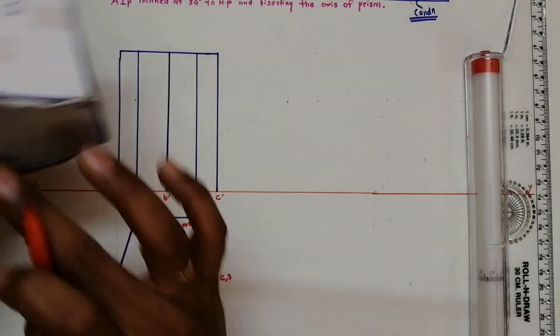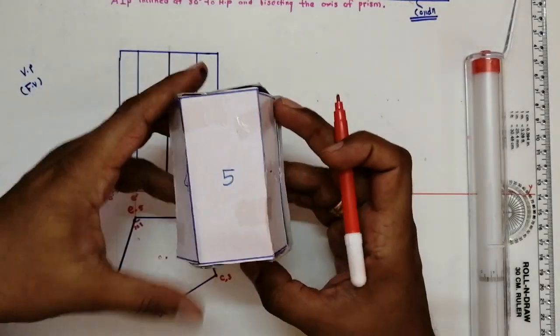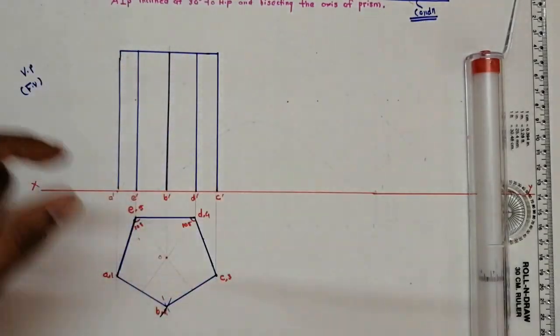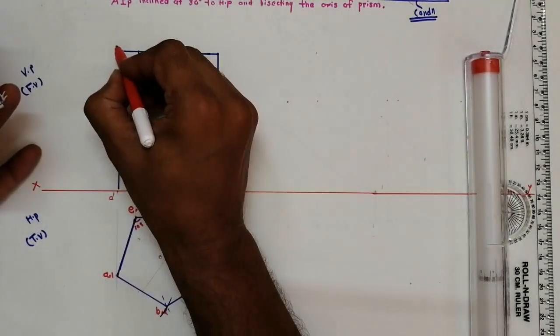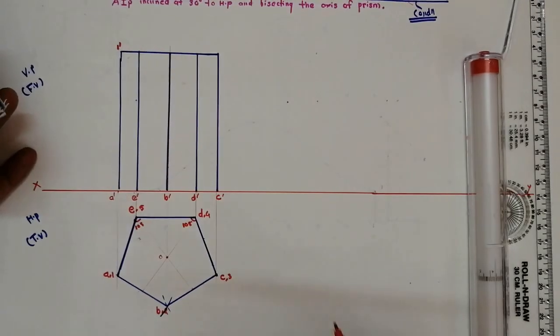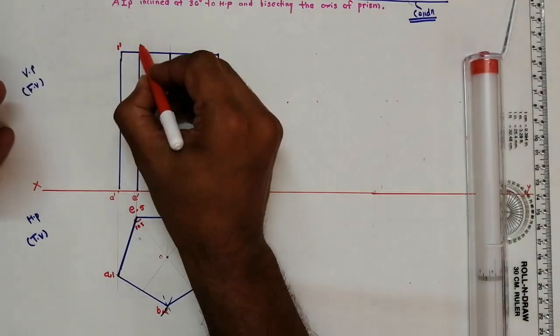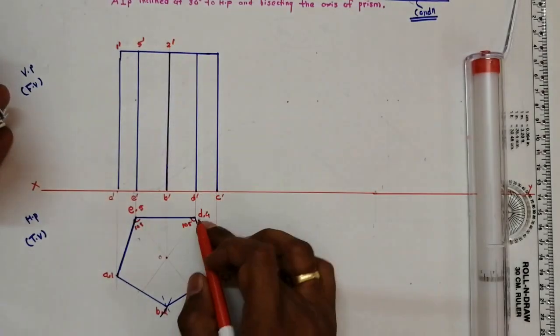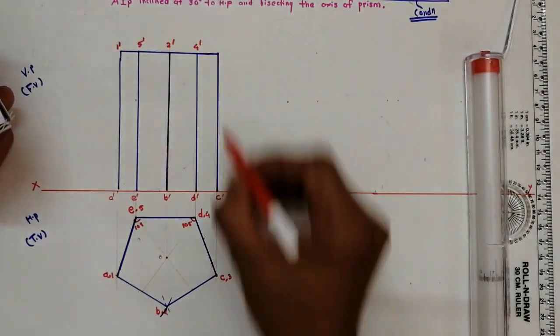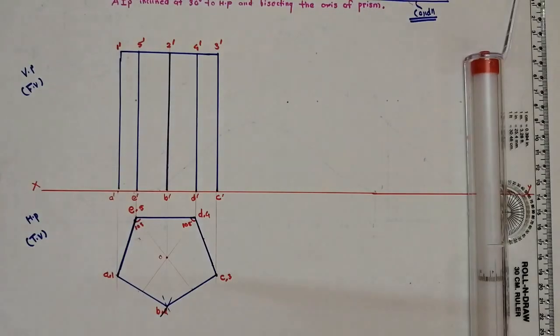So this bottom base looks like a straight line when you see from the top view. Now similarly the top pentagon, so this is 1 dash, then this is 5 dash, then this is 2 dash, this is 4 dash, and this is 3 dash, okay. So we have given the nomenclature.